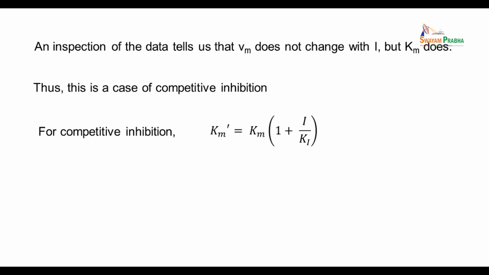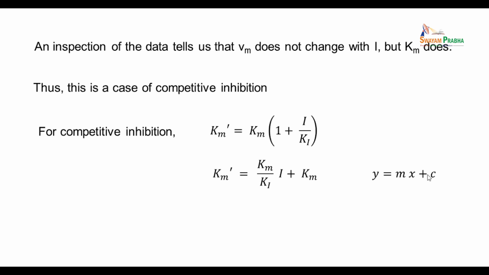So, for competitive inhibition, this Km dash, the new Km, is Km times 1 plus I by Ki, right? And Km dash is Km by Ki into I plus Km. I have written it in the form of y equals mx plus c. Remember, we are dealing with a set of data here. Therefore, whenever we deal with data, we need to use the entire set of data.